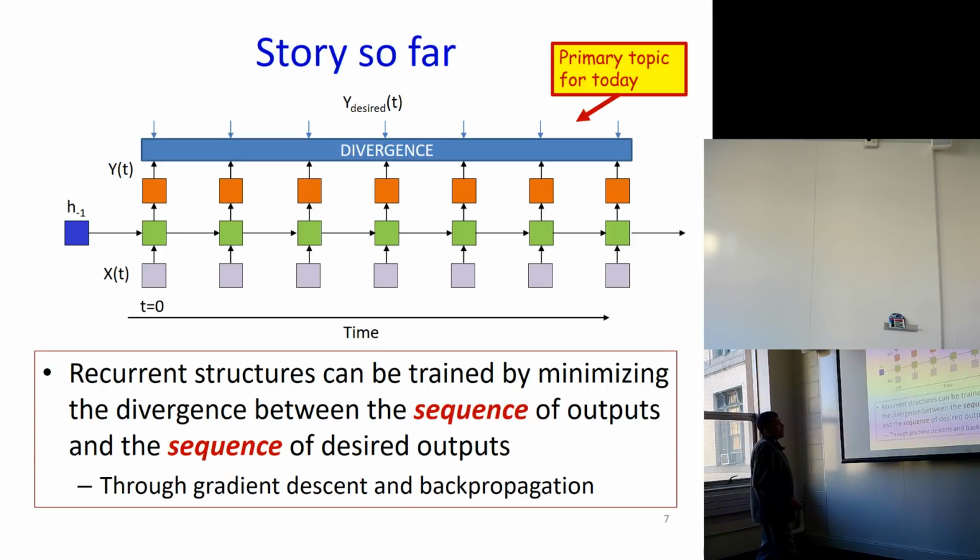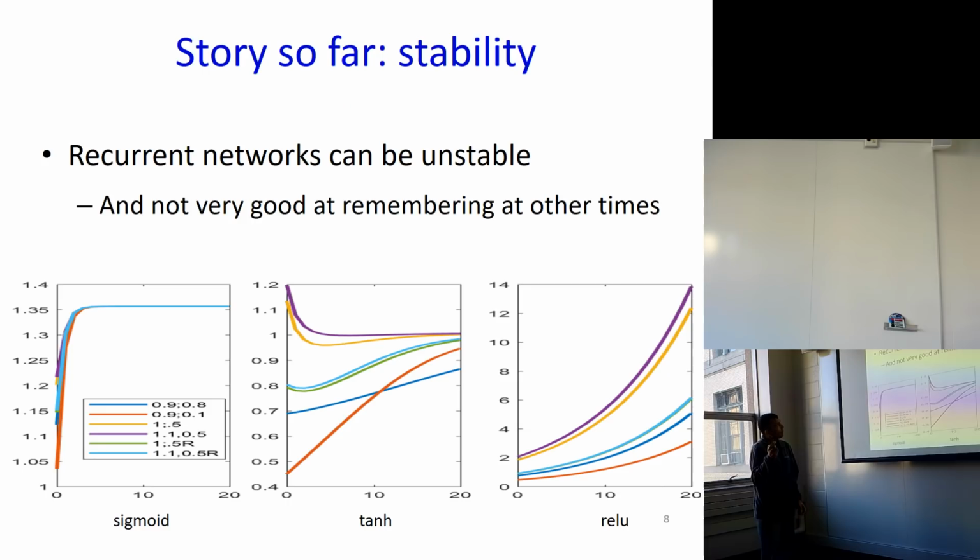So the primary topic for today and for the next class is how exactly you define this divergence. I will not be going into too many examples for the day, but hopefully I can look at some more complex examples on Monday. But the point is that how you define these divergences can make life very difficult.